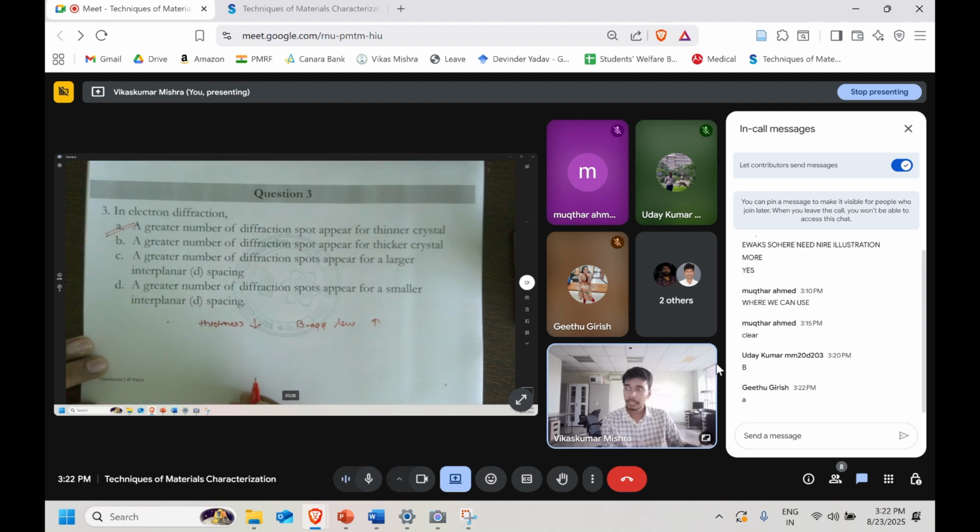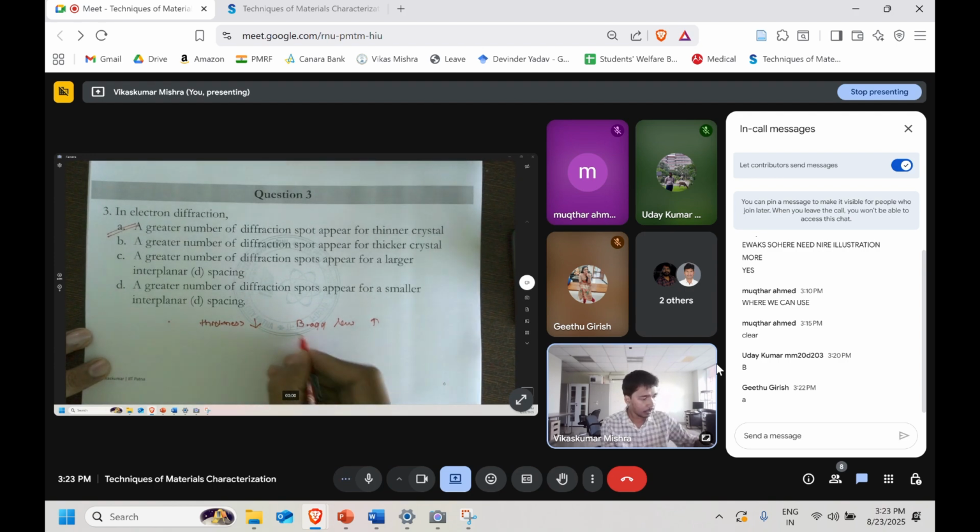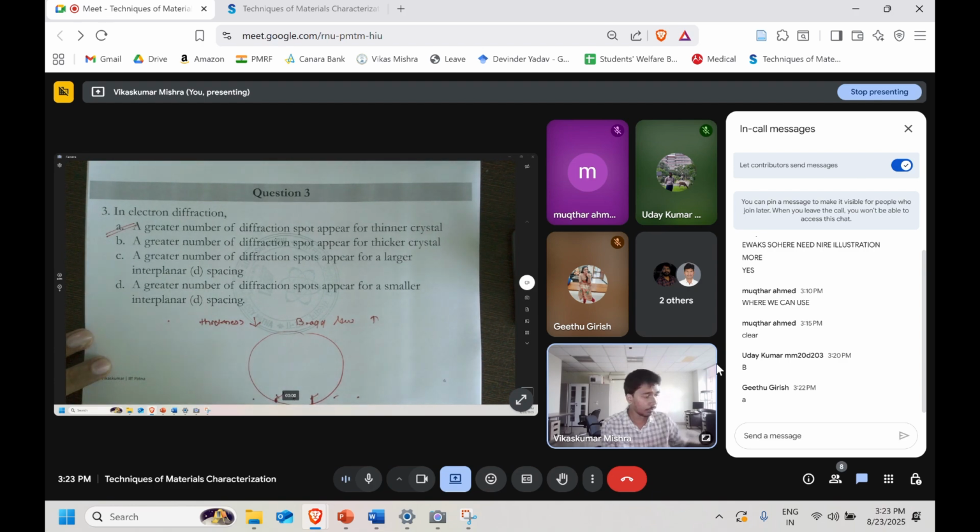It is happening because of the Ewald sphere: the lattice points which are near the Ewald sphere also contribute, because they are a little bit diffuse. Due to the reduction in thickness and this relaxation, each lattice point close to the Ewald sphere will also participate in the diffraction. So you will get more diffraction spots in that case, right? That's how answer A is right.